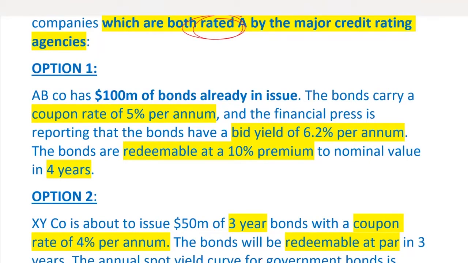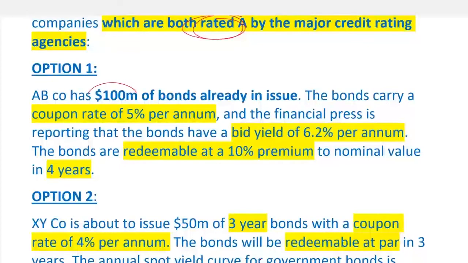It can only be relevant if I change this now to something below 1 million, then I will be able to advise the organization that though you have 1 million, this company is only issuing something below 1 million. But aside from that, this $100 million bonds owned by ABCO is irrelevant to the question. Okay, the examiners are aware that you like figures and you want to put all figures into the question you are computing.